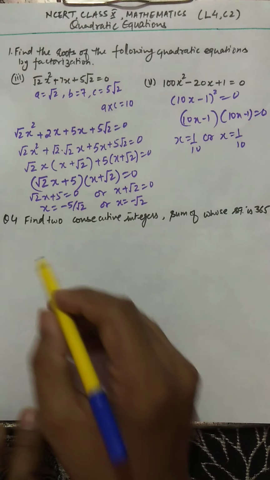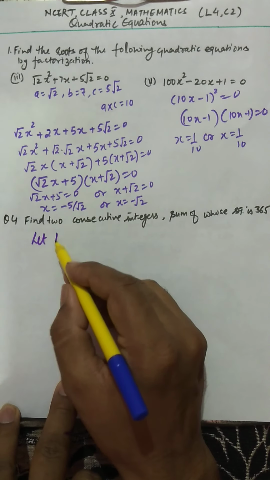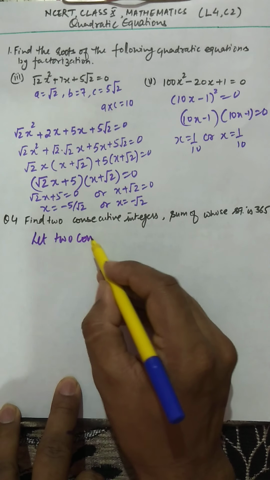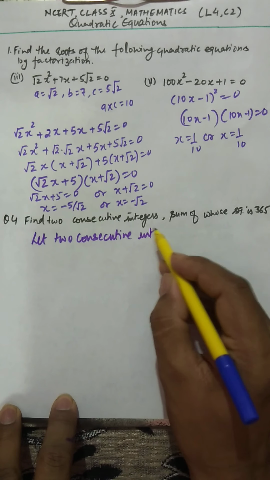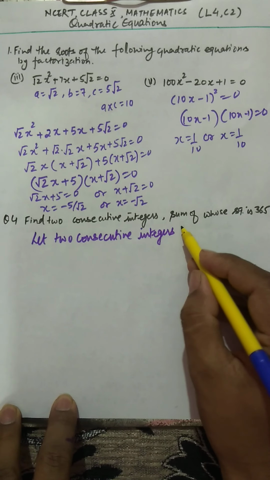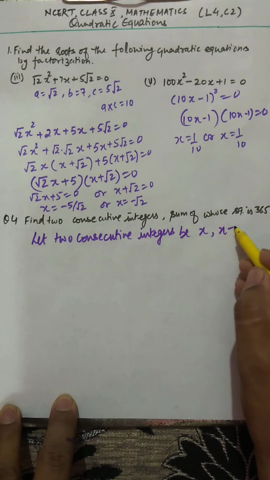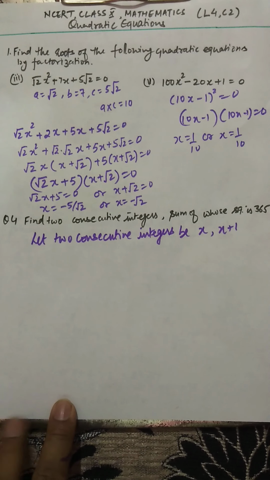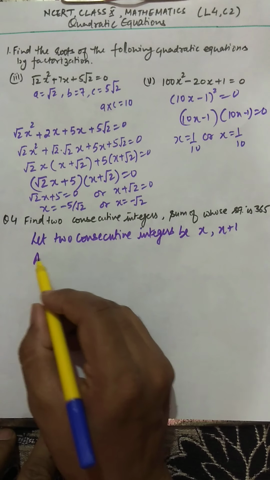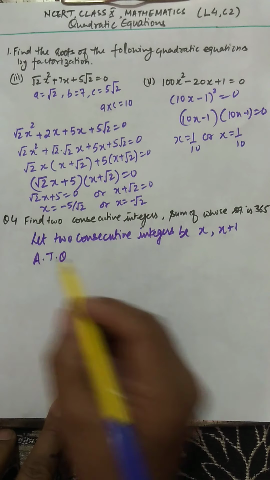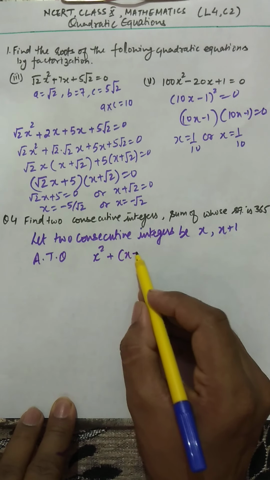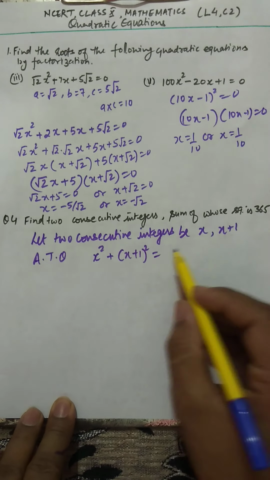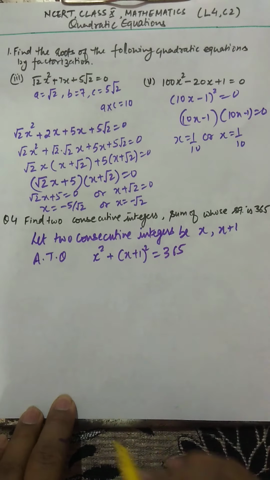So let the two consecutive integers be x, x plus 1. As per the question, you have to square these two numbers, x square and x plus 1 whole square, and this sum is going to be 365.